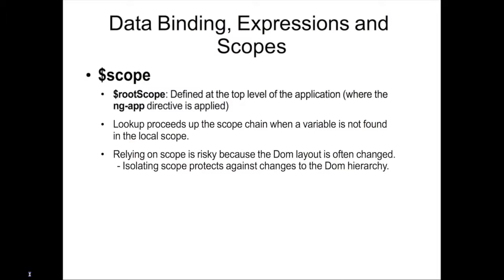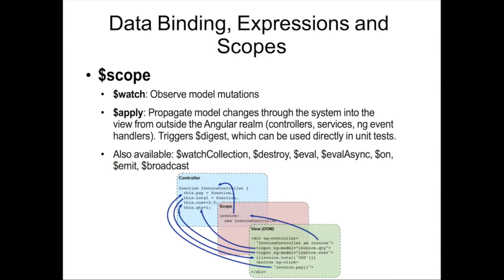On your scope object, you have a couple of available functions. I just pulled out two that I was initially fond of. There are a lot of cool ones, but you can ask it to watch something for changes.